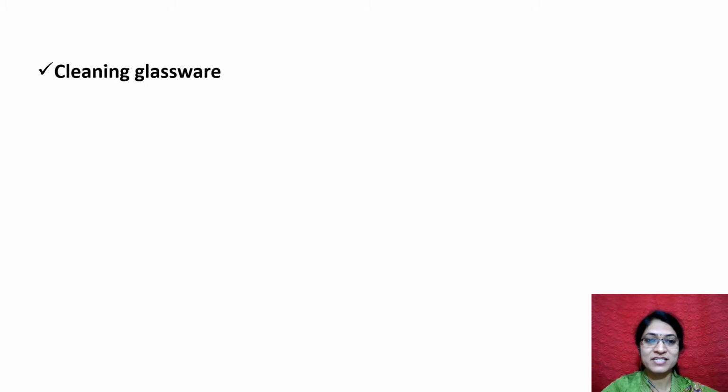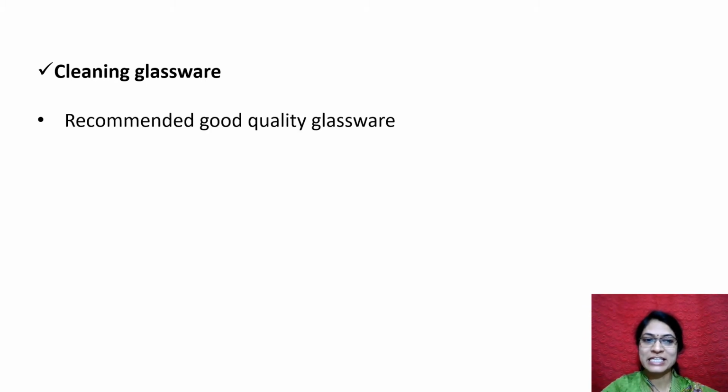The second facility which is obligatory for the lab setup is cleaning of glassware. Good quality glasswares are recommended for this purpose, for example borosilicate glasswares. Why? Because we use high temperature for sterilization.